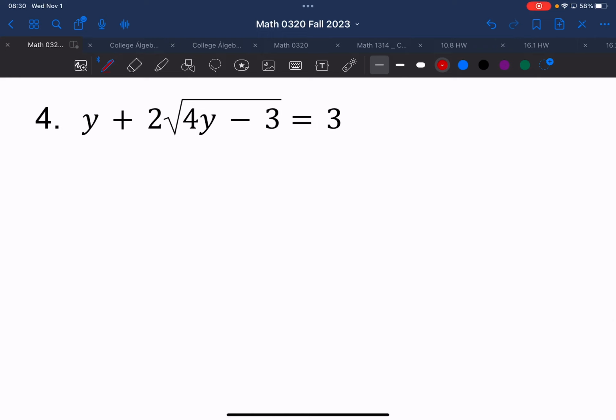Okay, number 4. Before we can start raising each side to the index, we have to get the radical by itself. What would be our first step to get the radical by itself?